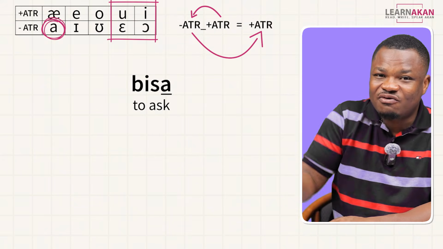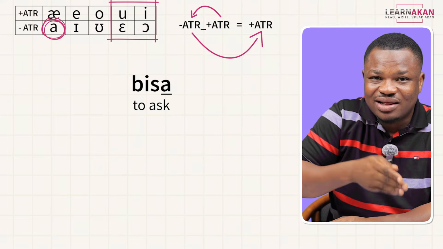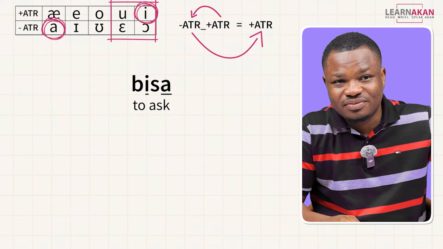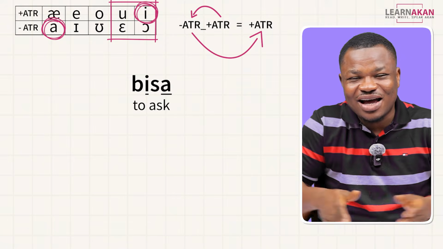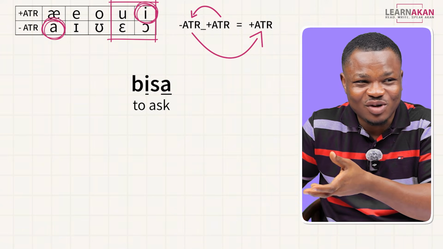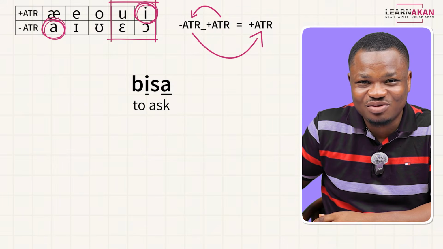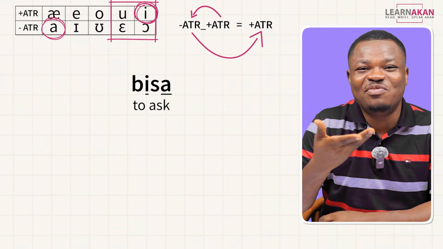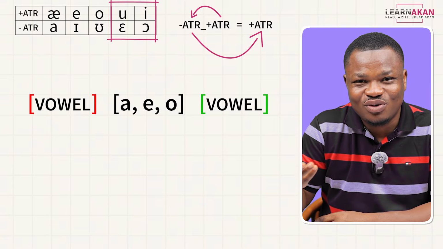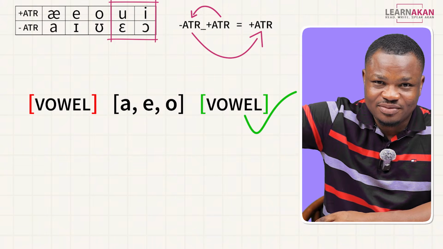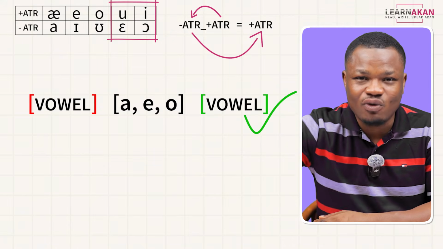But if you look at the vowel that comes before that, that is E, and E is plus ATR. But that doesn't determine how the A is pronounced. Because if it did, then we would not pronounce this as bisa. We would have pronounced this as bise, right? So what I'm saying is you always have to look to the right of the A, E, and O vowels.